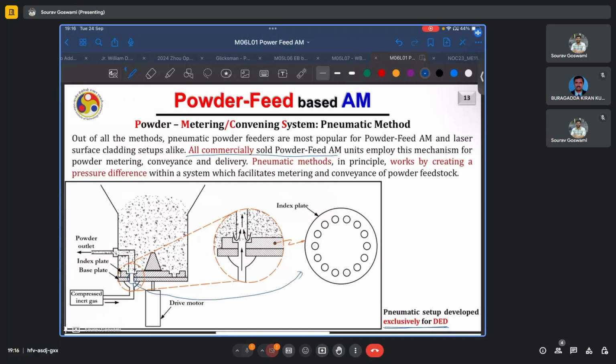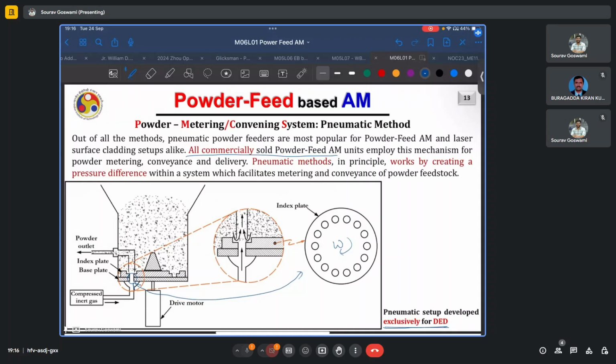Now, depending on the RPM with which this index plate is rotating, there will be time windows when the hole in the index plate overlaps with the hole in the base plate. During this short interaction window, the compressed inert gas is used to push the available powder in this hopper chamber out through the powder outlet.